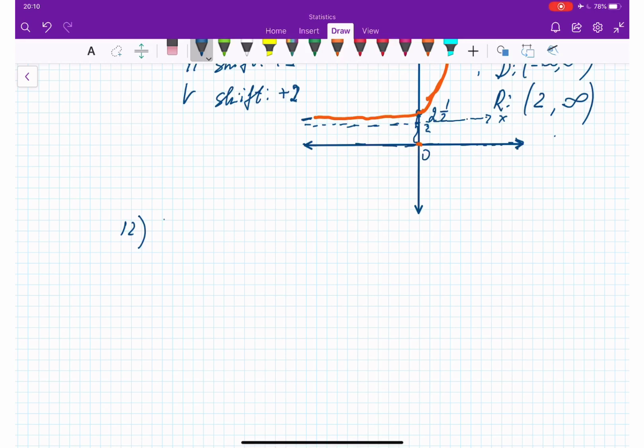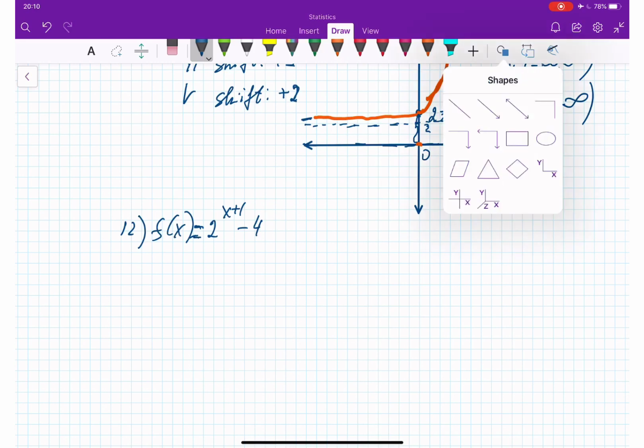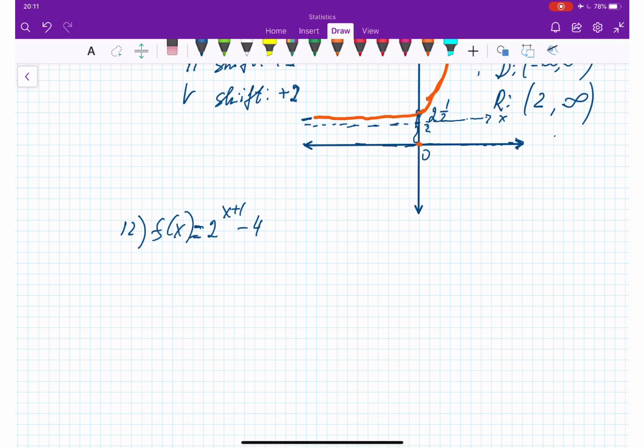Okay, question number 12. We need to graph f of x is equal to 2 to the power x plus 1 minus 4. So what we have, horizontal shifting, it's going to be -1.